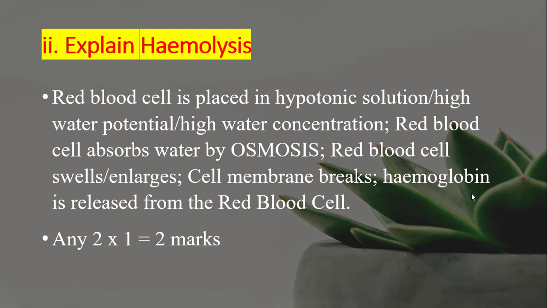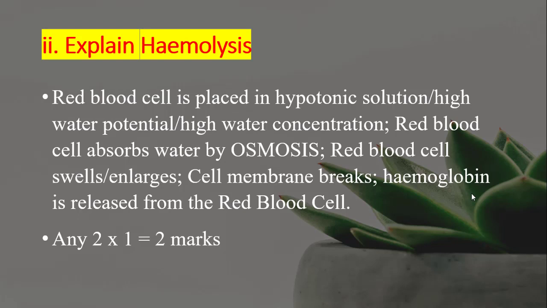The red blood cell is placed in hypotonic solution, high water potential, high water concentration. Then the red blood cell absorbs water by osmosis, swells and enlarges just like a plant cell. The difference here is that the cell membrane will break and the hemoglobin is released from the red blood cell.